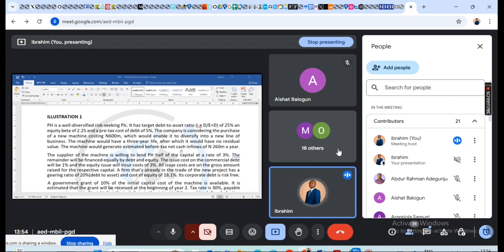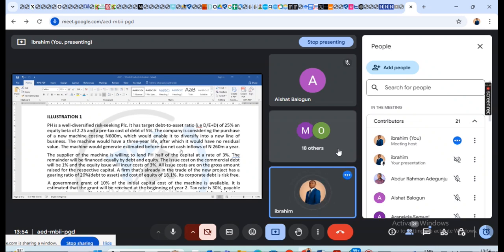Now, you have debt divided by equity plus debt. What it means is that debt is 25%, equity is 75%. The only way around is when you have debt over equity, let's say debt over equity of 100%.